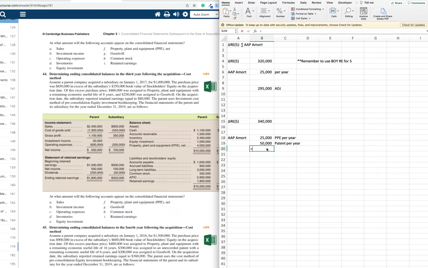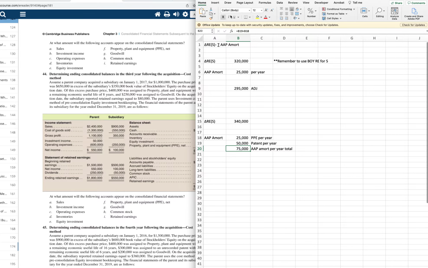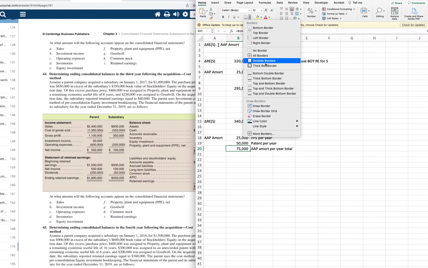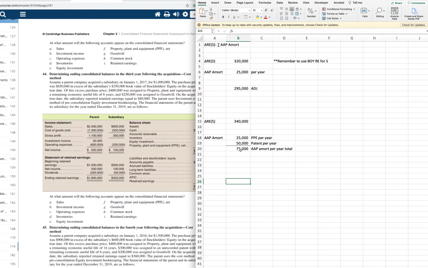And so if we do a sum here, we get 75,000 per year. And let's put a line here just so that we know that we're looking at a subtotal.